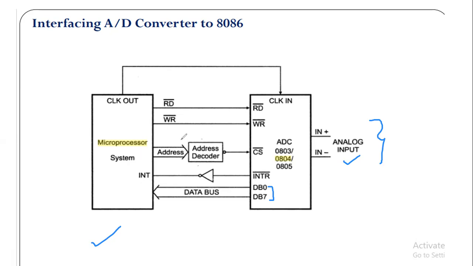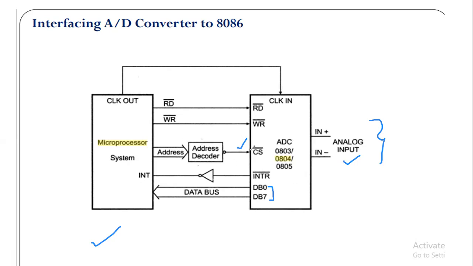So the 8086 addresses are decoded by this address decoder, and this address decoder provides the chip select signal for this ADC. This chip select signal is very important in order to enable this ADC.